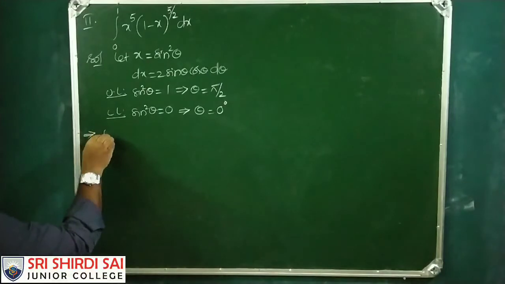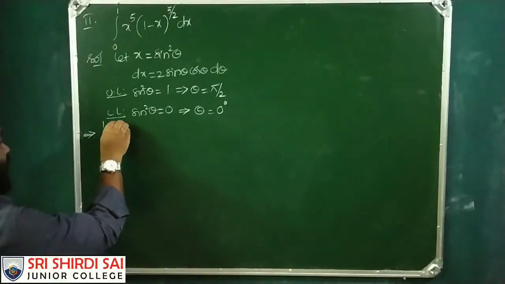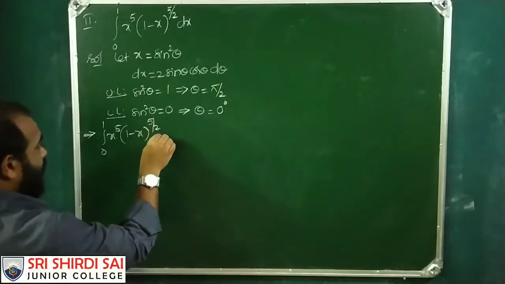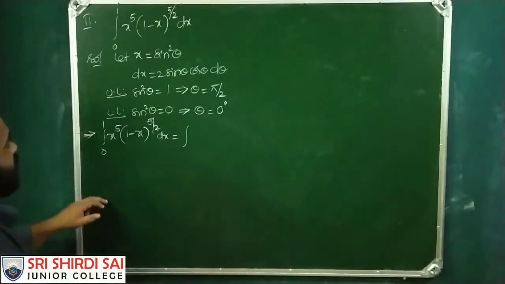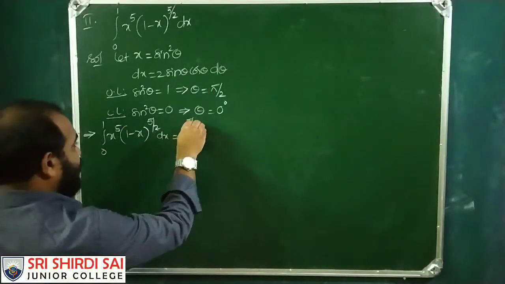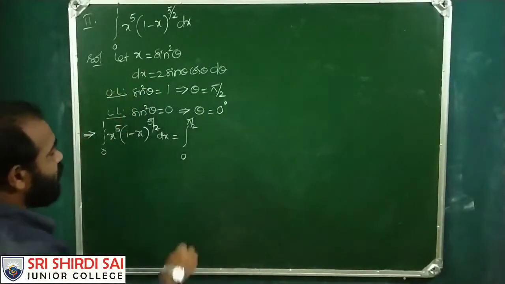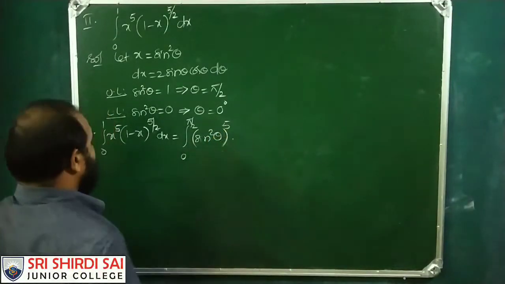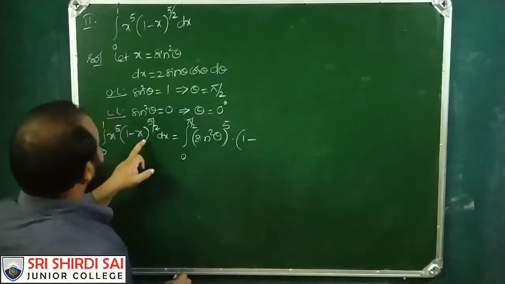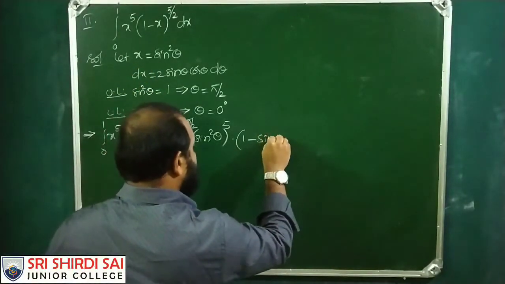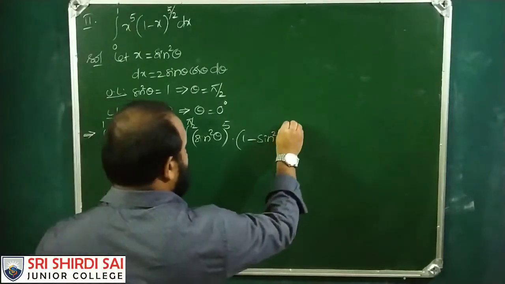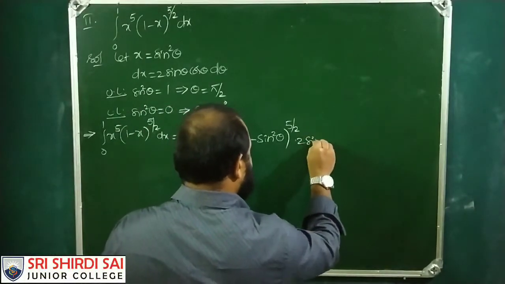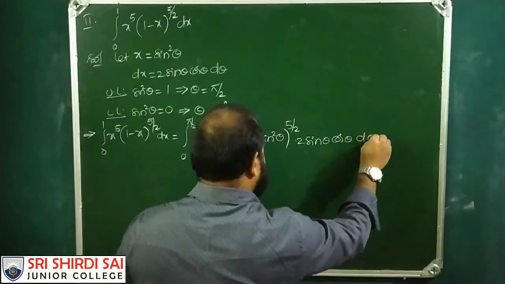Therefore, integral 0 to 1 x power 5 into 1 minus x whole power 5 by 2 dx is equal to integral 0 to pi by 2 of sine square theta whole power 5, into 1 minus sine square theta whole power 5 by 2, into, what is dx? 2 sine theta cos theta d theta.